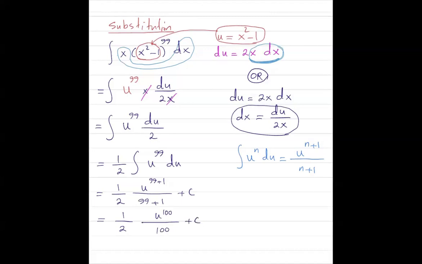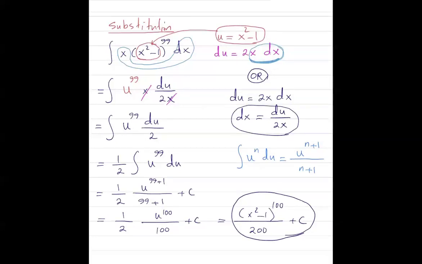But remember that your original integral is in x, so you have to rewrite this in terms of x. Don't leave it in u. So you have (x squared minus 1) to power 100 divided by 200 plus constant of integration. So this is the method of substitution. We're introducing a new variable like u and trying to simplify the integral into something that we saw before.